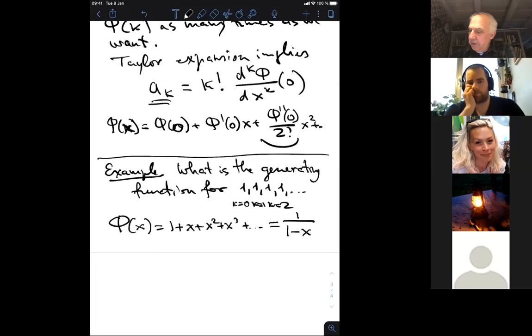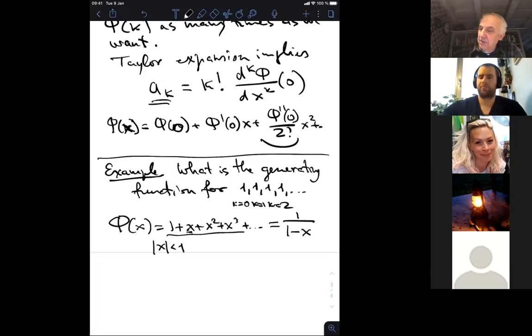And this will work if the absolute value of x is smaller than 1. So this series converges to 1 divided by 1 minus x as soon as the absolute value of x is less than 1. Yes, this is the formula for the geometric series. Here the denominator of the geometric series is x, so you get 1 divided by 1 minus the denominator, and the denominator is x.